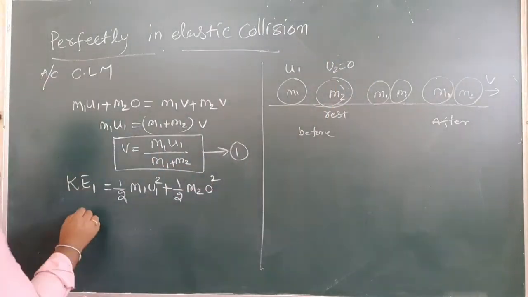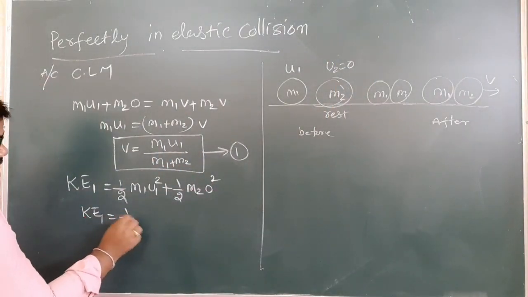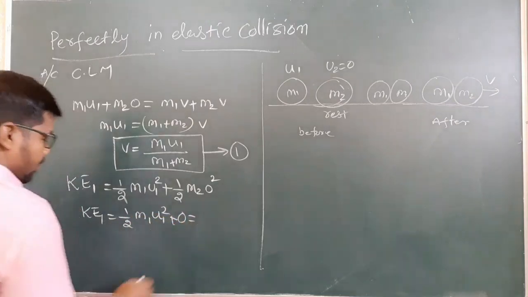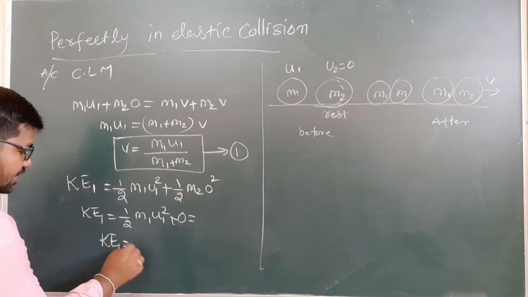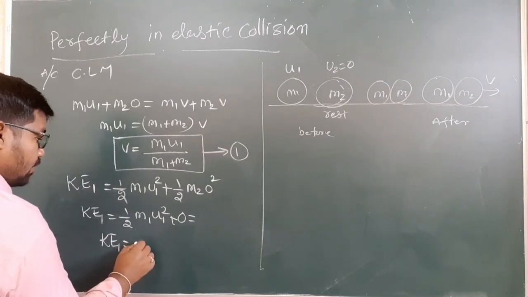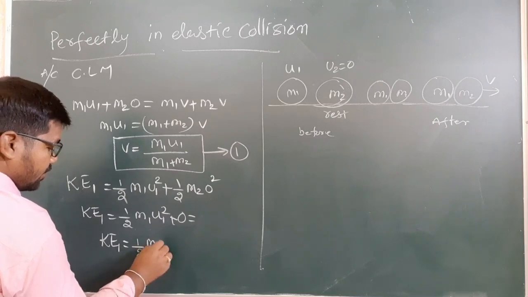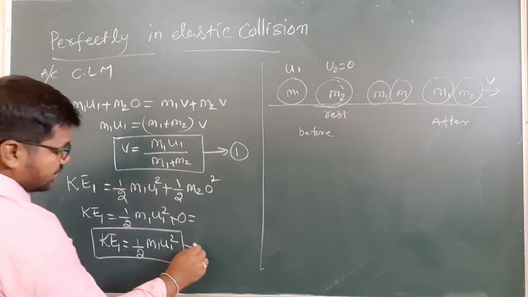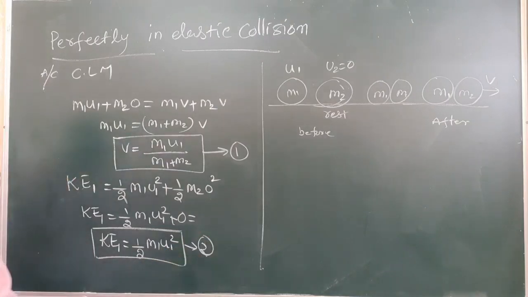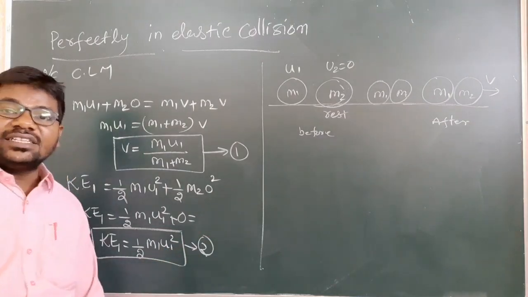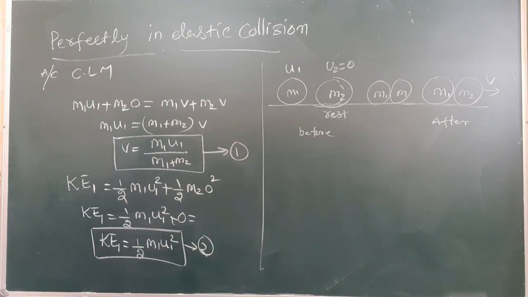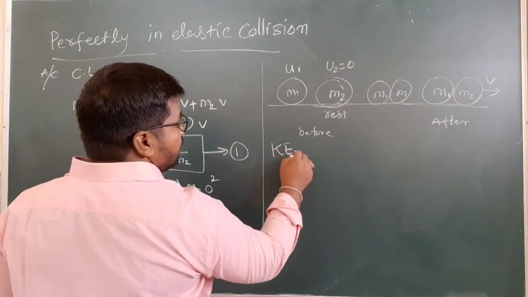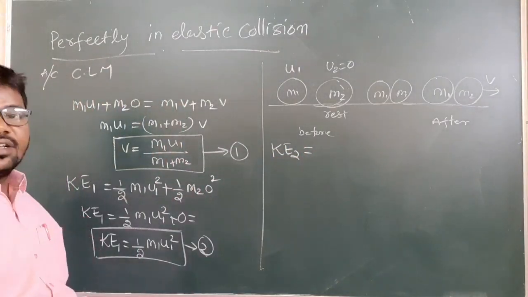Rearranging, KE initial is equal to 1 by 2 m1 u1 square plus 0. Finally, KE initial is equal to 1 by 2 m1 u1 square. This is equation 2, my dear children. Next, kinetic energy final, KE2, means kinetic energy final.